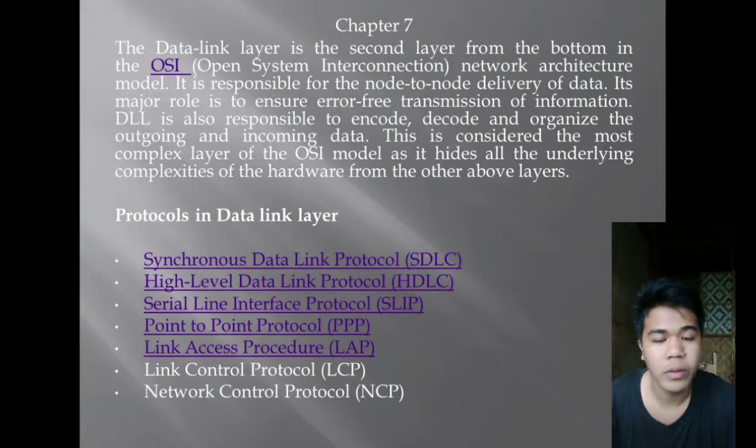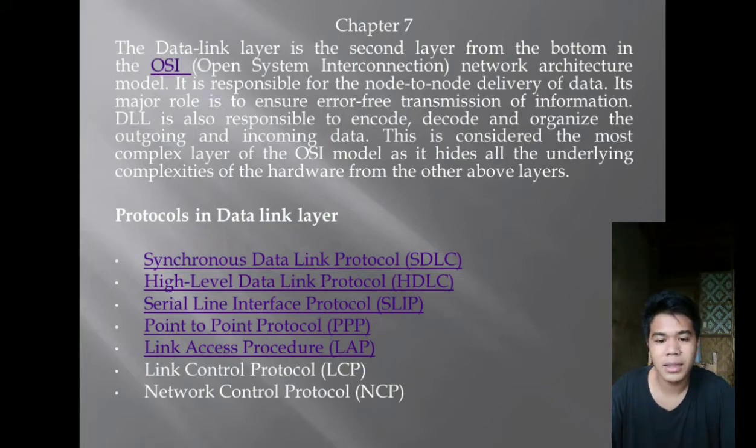So, good day everyone. Today, I will talk about my reflection activity in Chapter 7 in Network Visit. In my reflection, the data link layer is the second layer from the bottom in the OSI network architecture model, responsible for the node-to-node delivery of data. Its major role is to ensure error-free transmission of information.